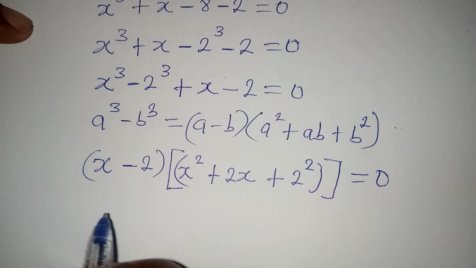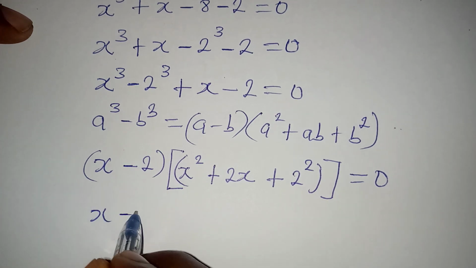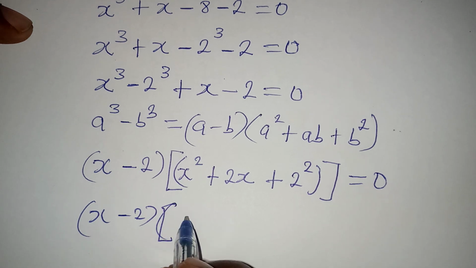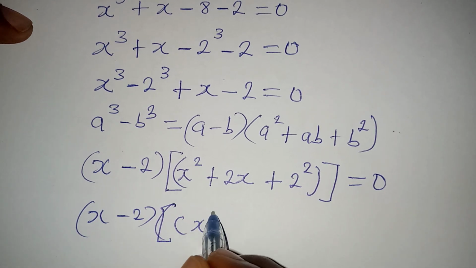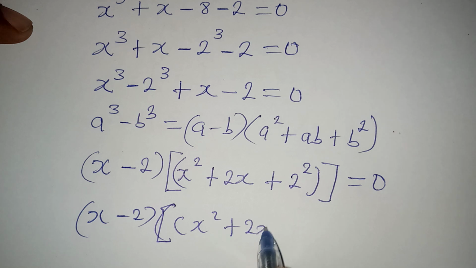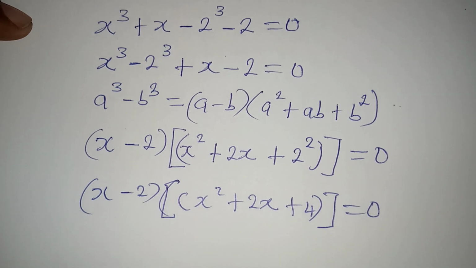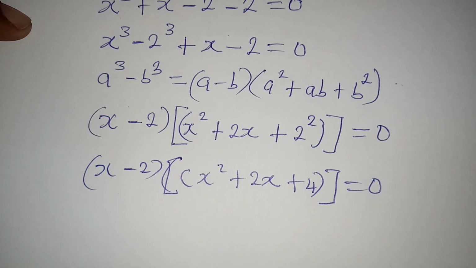So now I'll take a step again. I have x minus 2 in this bracket. In the other bracket, I have x squared plus 2x plus 4, equal to 0, because 2 squared is 4. And now the next step is to apply the zero product rule.